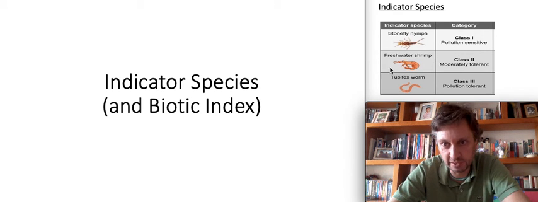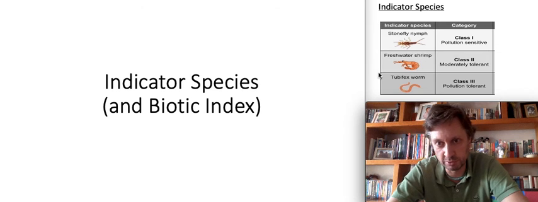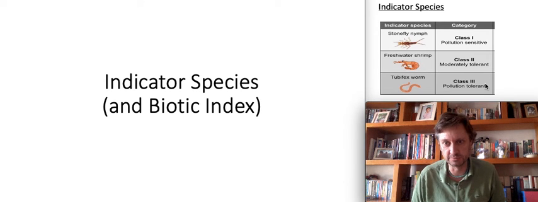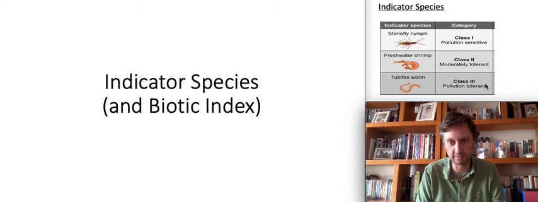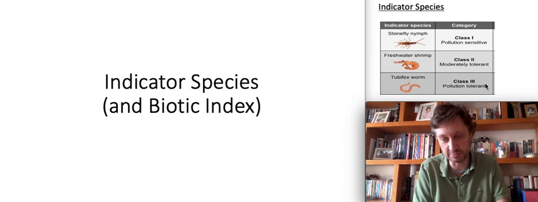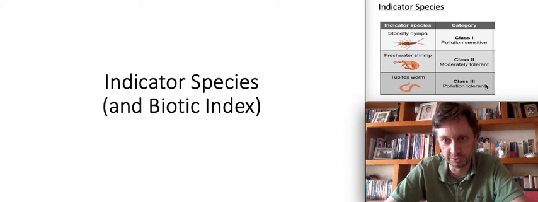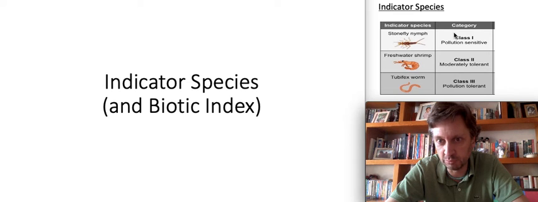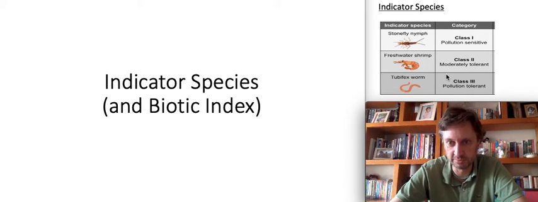On the other hand, if your river or your water body is dominated by something like tubifex worms, bloodworms, they are very pollution tolerant, so they'll take over an ecosystem if that water is polluted. So stonefly would be an indicator of clean water. Tubifex worms would be an indicator of polluted water.